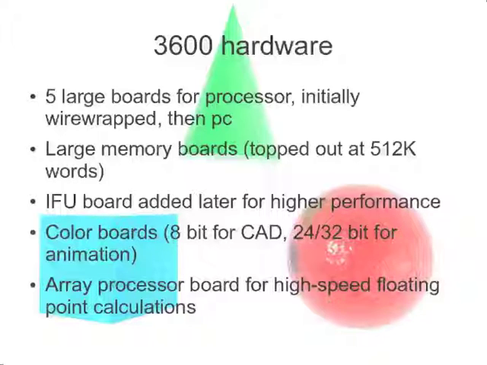Color at the time was a separate monitor. We made 8-bit color boards for CAD, drawing type applications, and 24 or 32-bit color for animation and rendering, paint. One of the things about the color system, which was developed by the color division out in Westwood, California, was that they had ties to the movie industry, and so we had the ability to genlock to a house sync, which was unusual at the time for computer graphics systems.